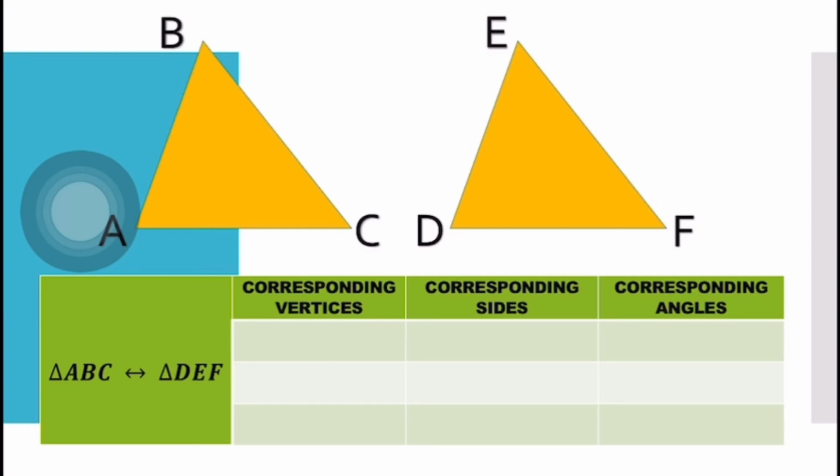So, for our corresponding vertices, point A is same as point D. Next, point B is same as point E. And point C is same as point F. Now, let's proceed to the corresponding sides.